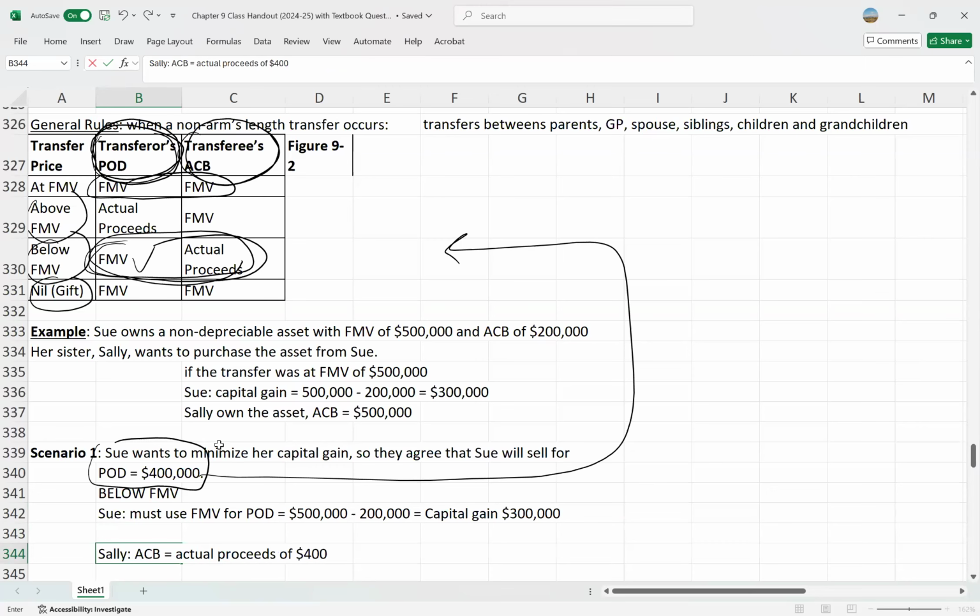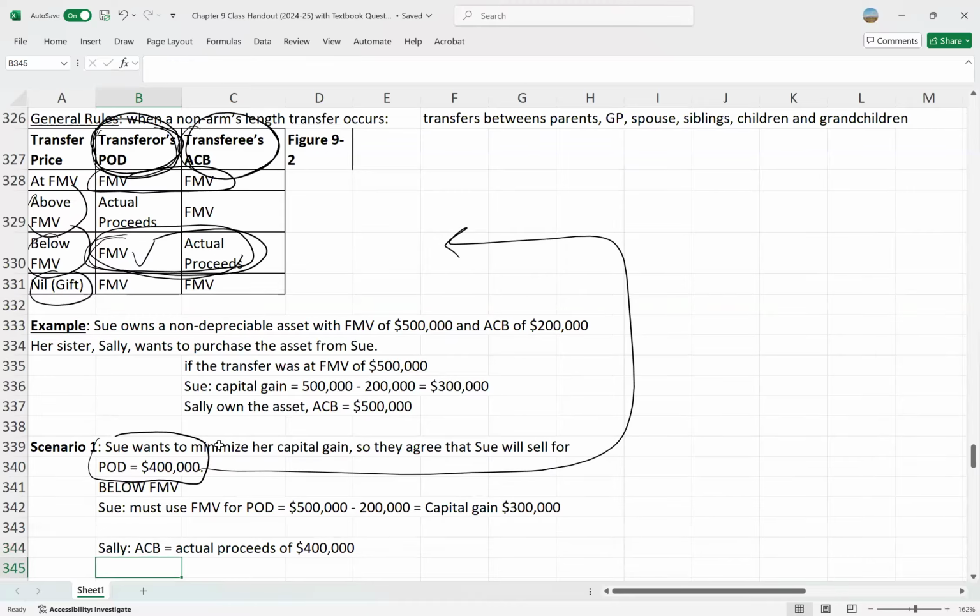of $400,000. So what you can see here is that if they try to use a value other than fair market value, they're going to lose $100,000, because Sue will have to use $500,000 as her proceeds, but Sally will only get the actual proceeds of $400,000 for her cost base. So there's a difference of $100,000 there.